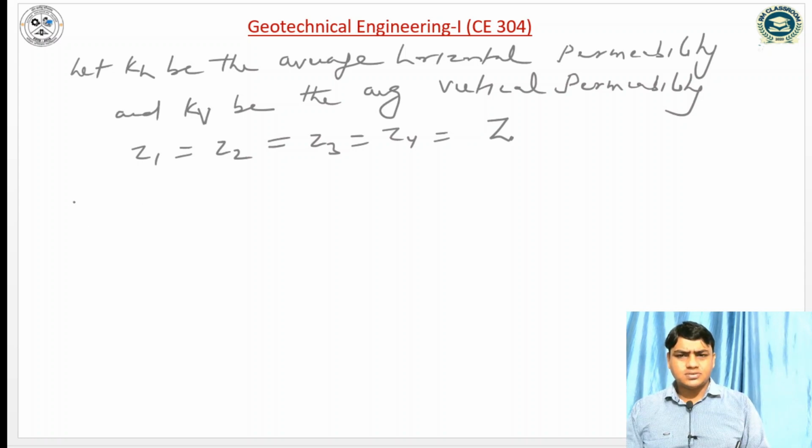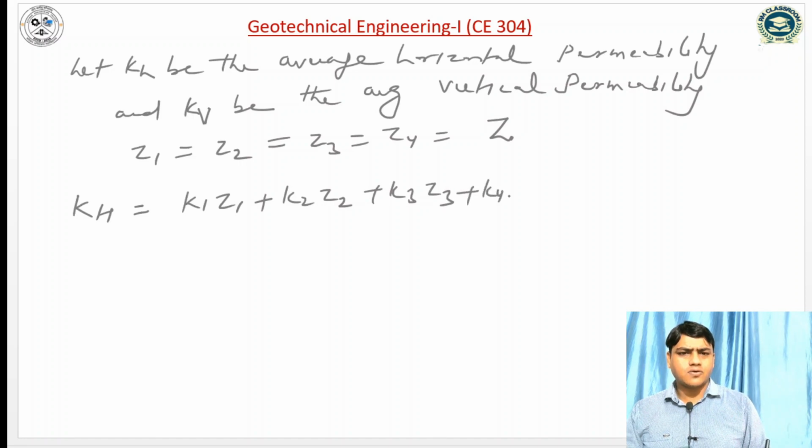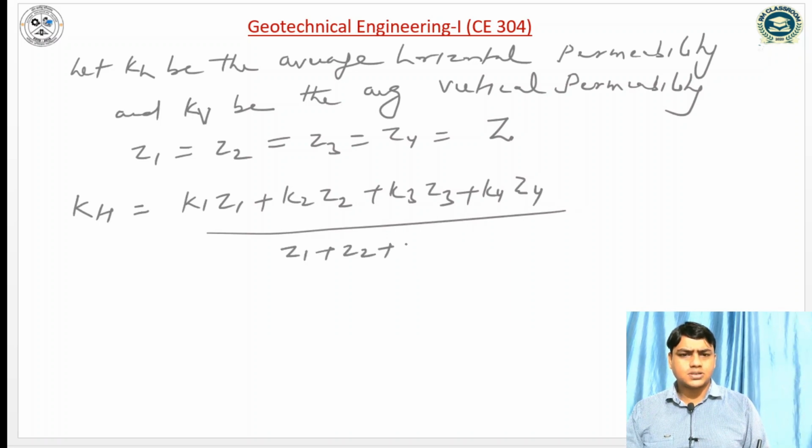So we can write KH is equal to K1 Z1 plus K2 Z2 plus K3 Z3 plus K4 Z4 by total thickness. Total thickness is Z1 plus Z2 plus Z3 plus Z4.